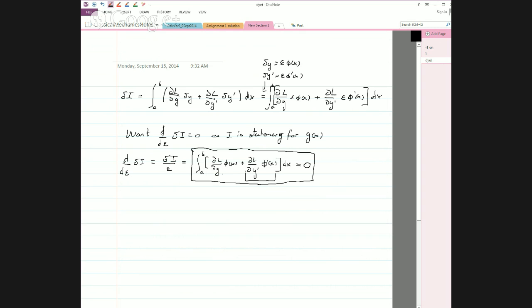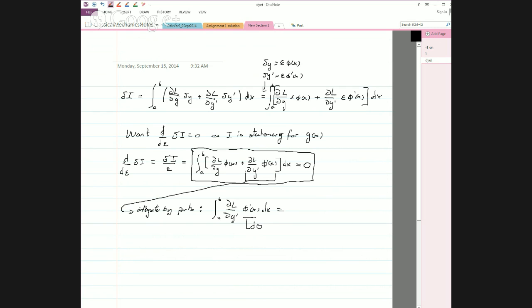Right, so the integral of a sum, of course, is the sum of integrals. So we'll integrate this by parts. So we have the integral from a to b of dI by dy prime phi prime of x dx.